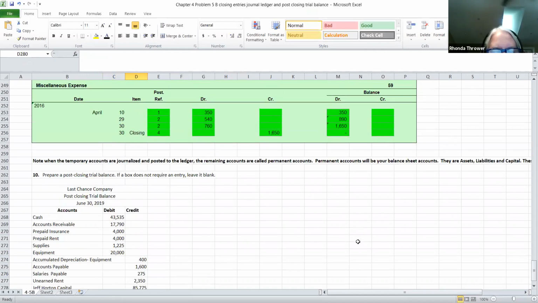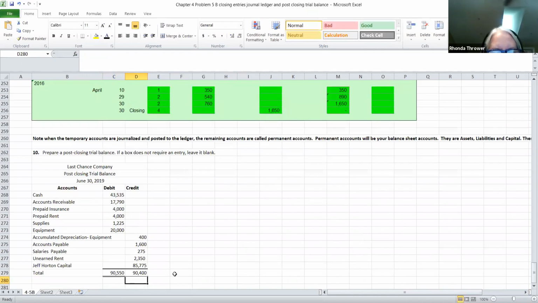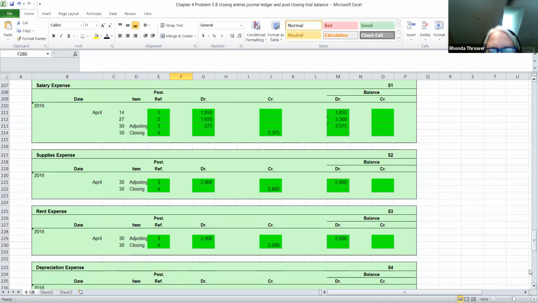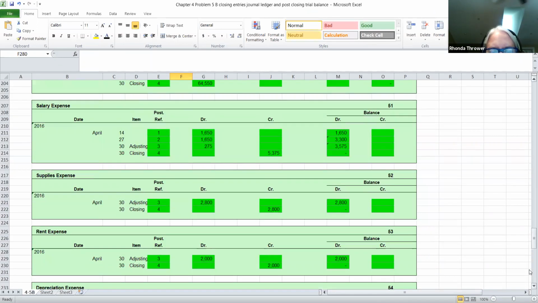Okay, and let me see what the difference is. I'm going to create a formula here and subtract this out to see the difference. The difference is 150. That could mean that I have a transposition error somewhere.